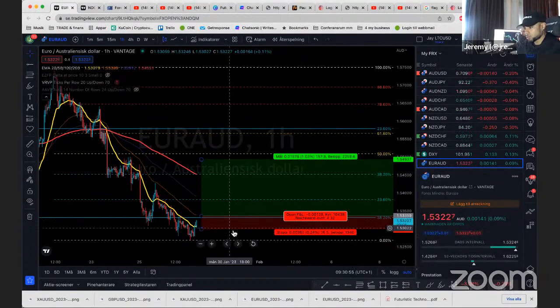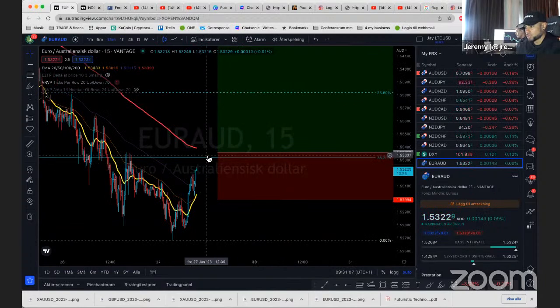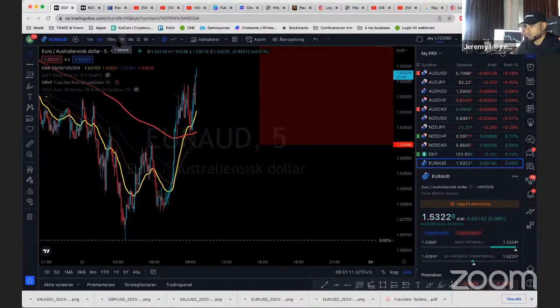That's really good. So stop loss is at 1.5298. And the market is moving to our entry zone. It's getting closer. Let's see if it does what we want it to do.